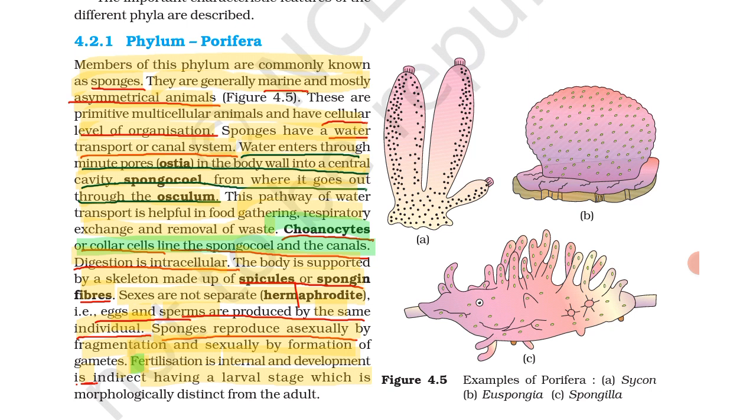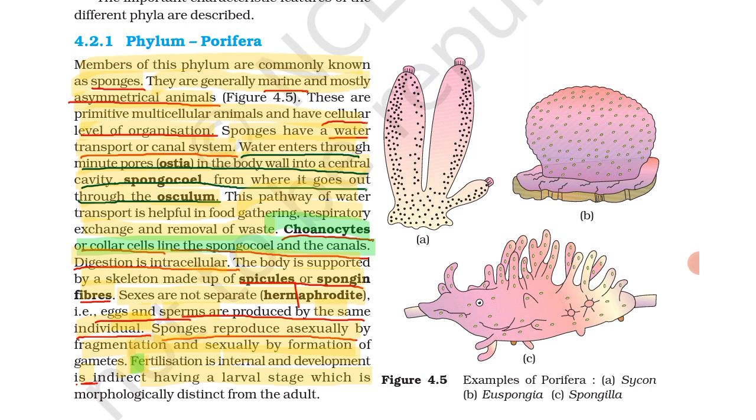So please read carefully about this. Water enters through the minute pores called ostia. The water goes inside the body through the ostia, the minute pores, into the central cavity called spongocoel.